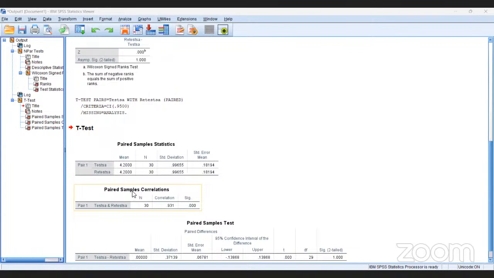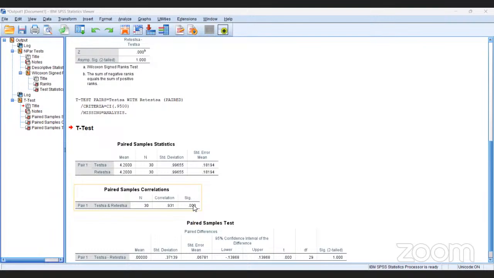Naturally, I have told you that in case of the paired sample t-test, you can do the correlation also. So here you can find the correlation is 0.93, very high, and that is significant.